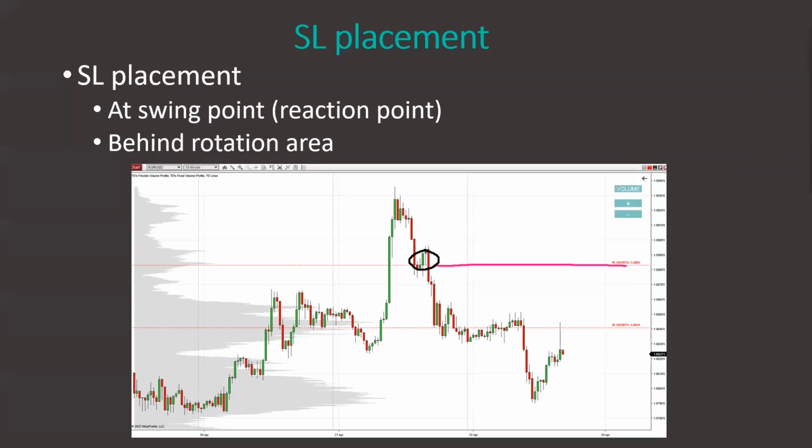And this was the swing high of that rotation, the swing point being in here. And this would be the stop loss, right? So it is behind the rotation area. Even though this is just a little rotation area, it is behind a rotation area. And it is at the swing point, right?